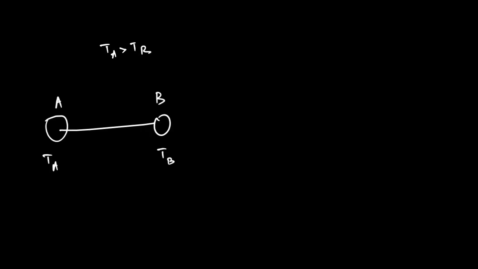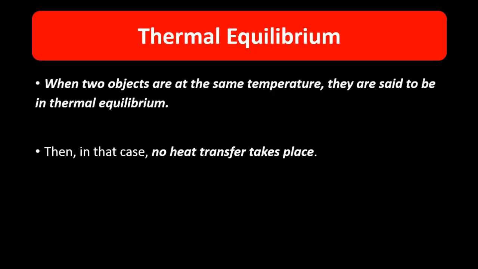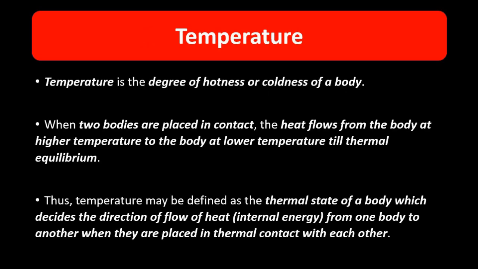Heat will flow out of A into B. As a result, the temperature TA will drop and the temperature TB will increase till TA is equal to TB. This is called thermal equilibrium: the condition in which both objects arrive at the same temperature. In this case, no heat transfer takes place.